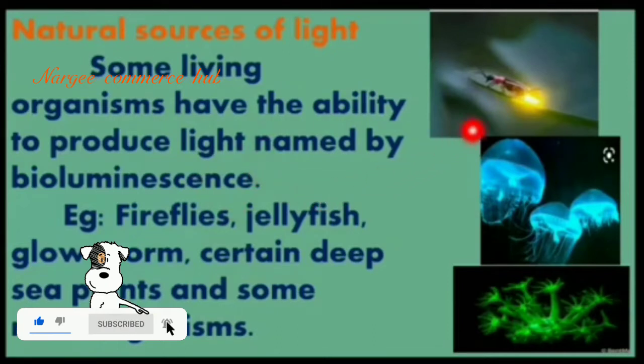For example, fireflies. It produces light naturally. Fireflies, then jellyfish, glowworm, certain deep sea plants, and some microorganisms are the natural sources of light.